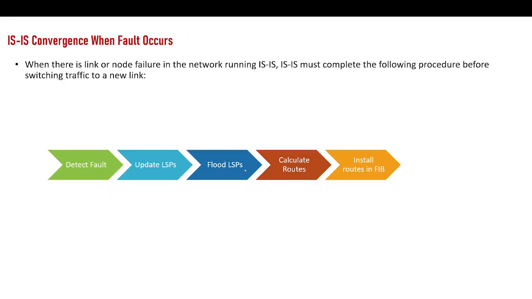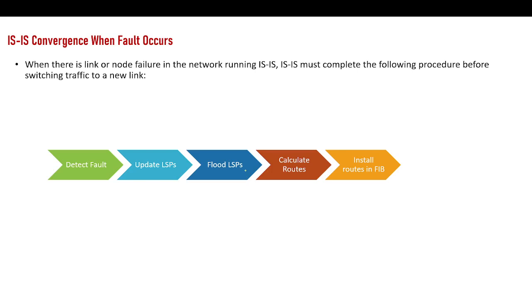And if there is a failure in the network, so when there is a link or node failure in the network that is running ISIS, we also have to complete some procedures before switching traffic to a new link. So when there is a failure, of course, we need to detect it. There is a link failure, there is a node failure. How quickly do you detect the link failure? That's why we brought in BFD, bidirectional forwarding detection, so that you can quickly detect that there is a node failure or a link failure.